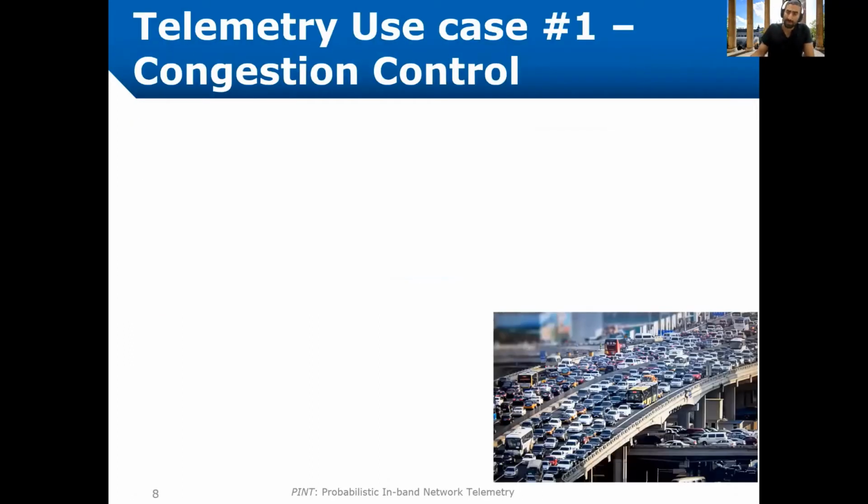Right? So let me give you a few use cases for telemetry. The first is congestion control. So just like on the road, if there's too much traffic on a single route, then there's going to be congestion and there's going to be delays. Right? So congestion control is about fine-tuning the sending rate of the different connections in the network, so that overall, we won't cause congestion at any link in the network, right?